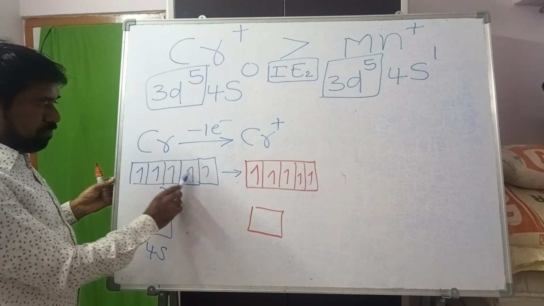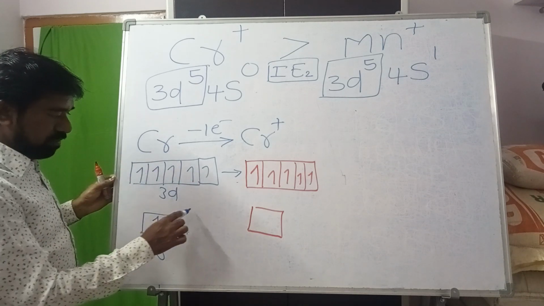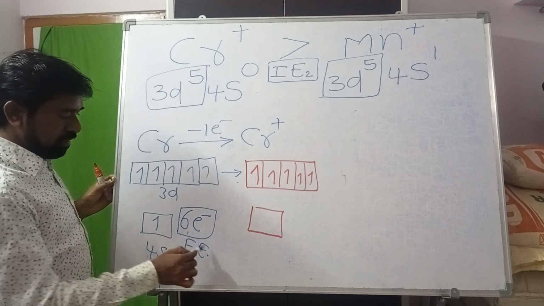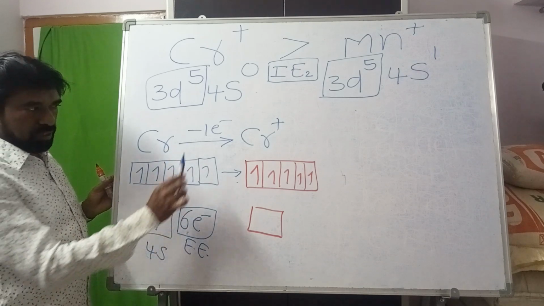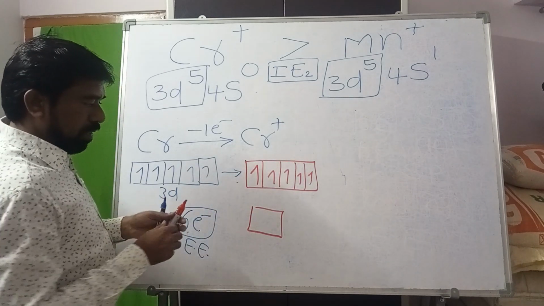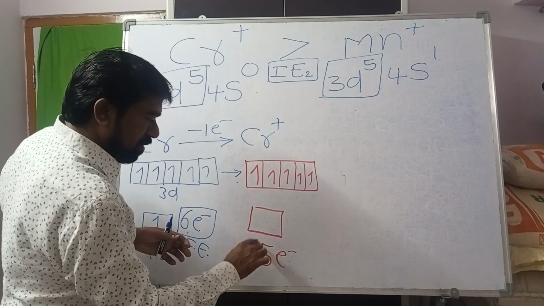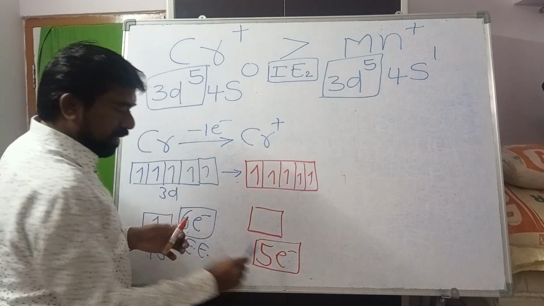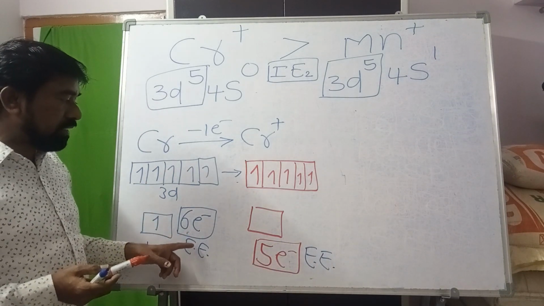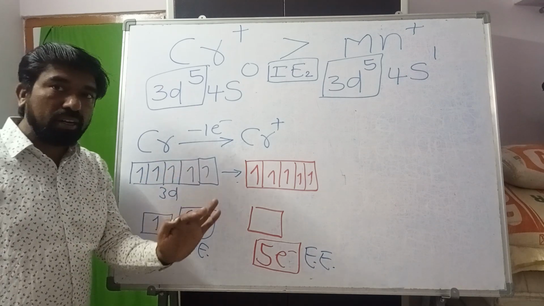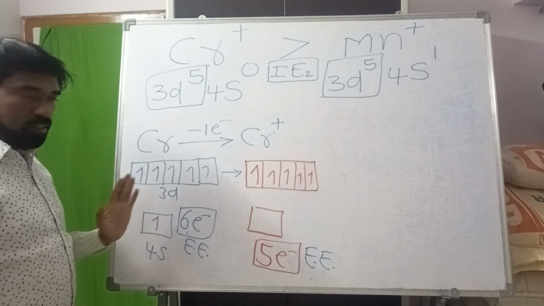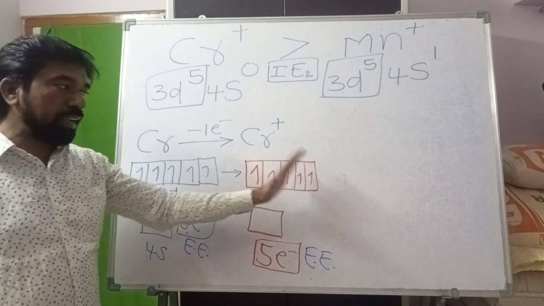Here there are 1, 2, 3, 4, 5, 6 electrons with parallel spin, so 6 electrons for exchange energy. Then here, 1, 2, 3, 4, 5, only 5 electrons are involved for exchange energy. We know exchange energy is directly proportional to the number of electrons with parallel spin. Here 6 electrons with parallel spin, and here only 5 electrons with parallel spin.